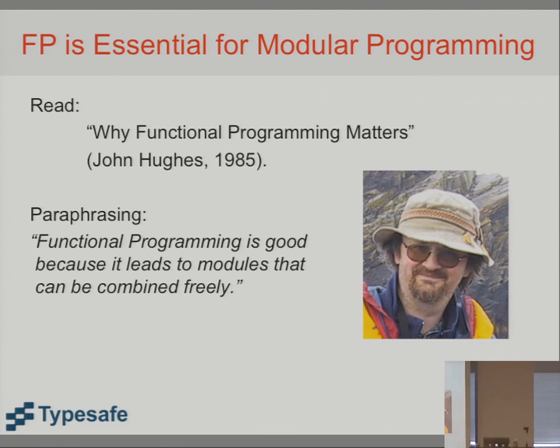And then it says, well, if you want to split these things into different modules that we can combine from the outside, there wouldn't be lines in the loop. There would be functions that we can combine from the outside. That leads to functional programming. So you could argue that this paper, which was sort of the foundation of functional programming, in fact argued that functional programming is modular programming, that it's very good for that.